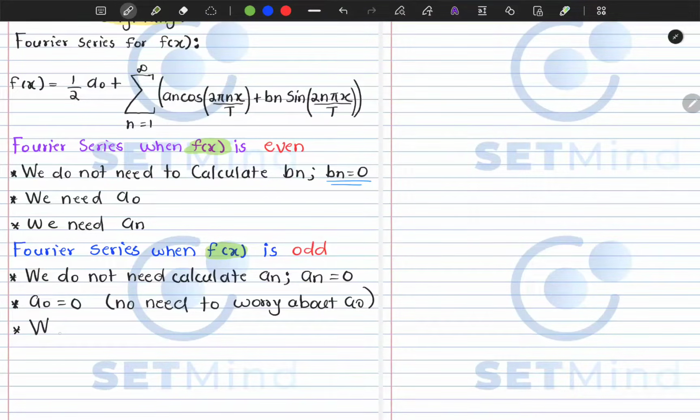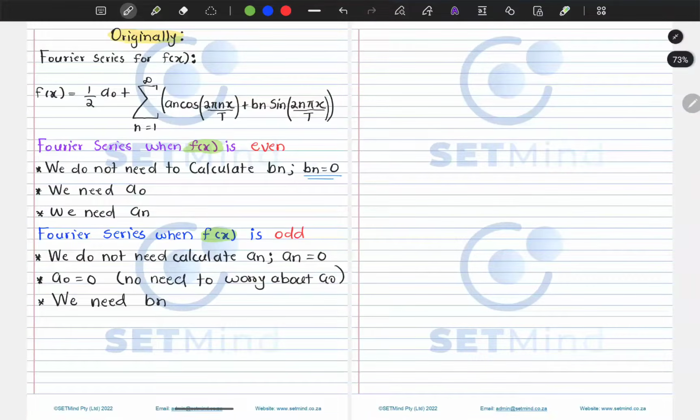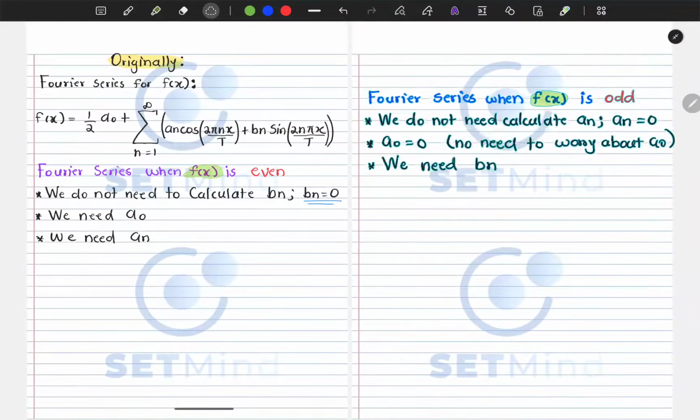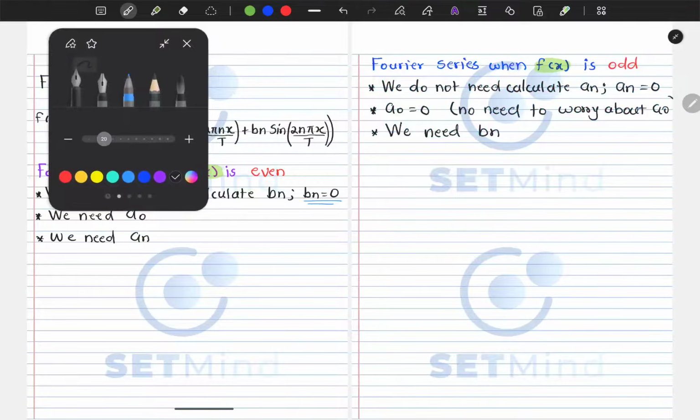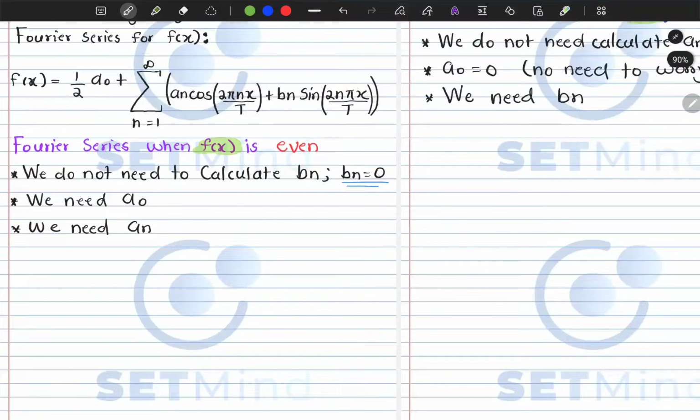And now we need to get into exactly what we need. Whenever our function is odd, we definitely need to calculate our bn. Okay, so how do the equations change? Let me quickly write the expression that we are going to use whenever our function f of x is even.